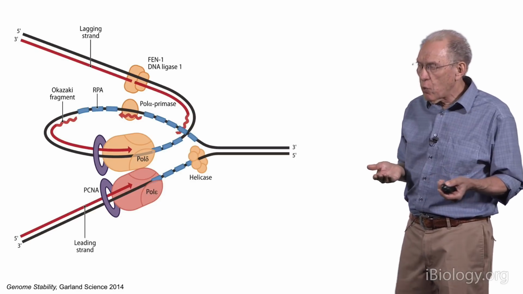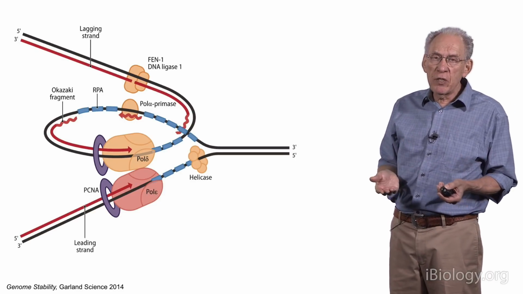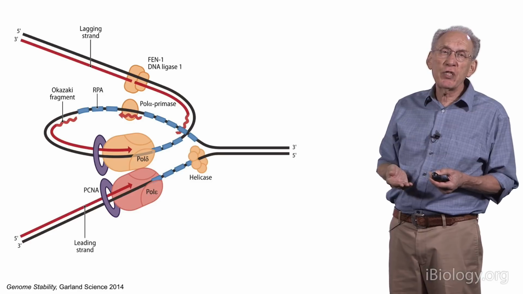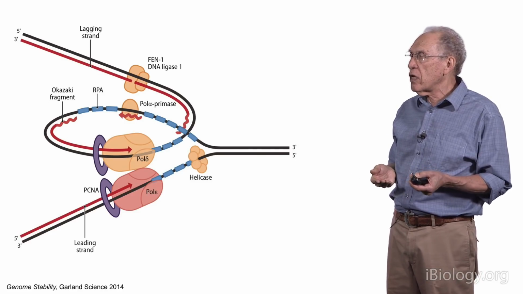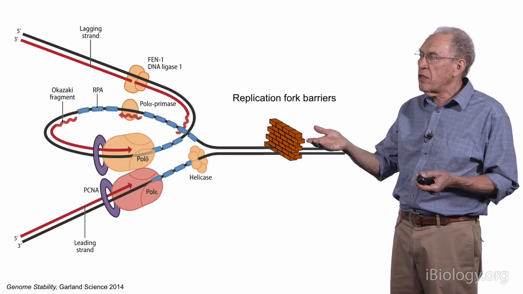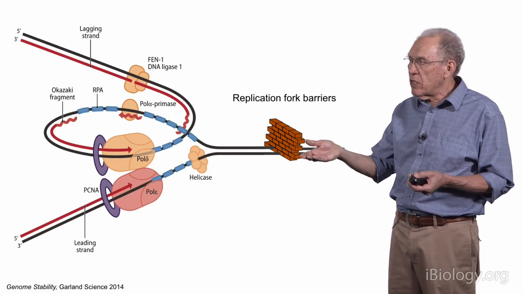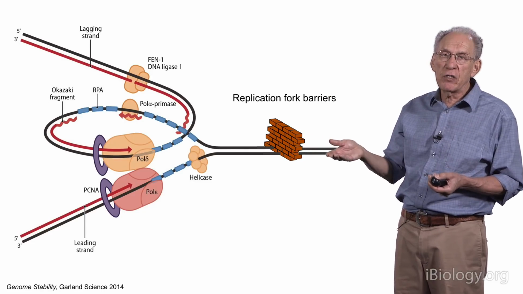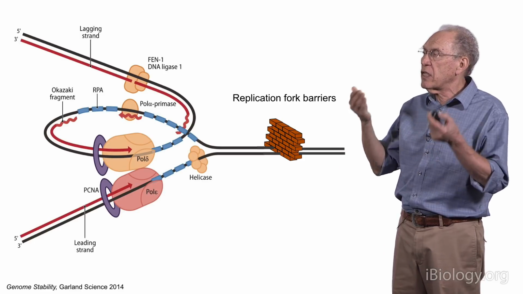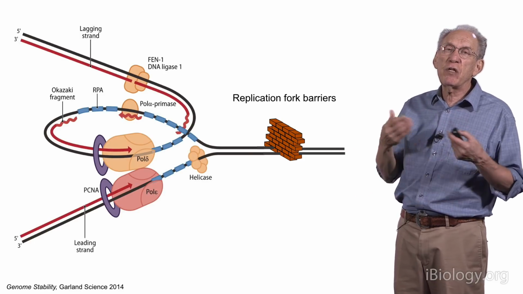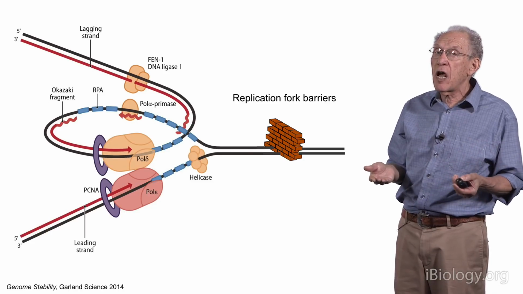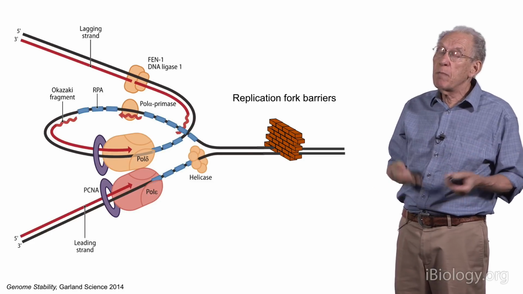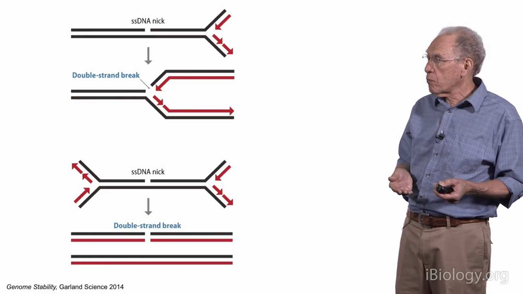Okay, so the source of most of the damage is the DNA replication machinery itself. This is just an image of the DNA replication fork. And really what I'm telling you is that there are sources of damage, replication fork barriers, and other instabilities that cause the replication machinery to fail maybe as many as a dozen times per normal cell cycle, maybe more, as you'll see.